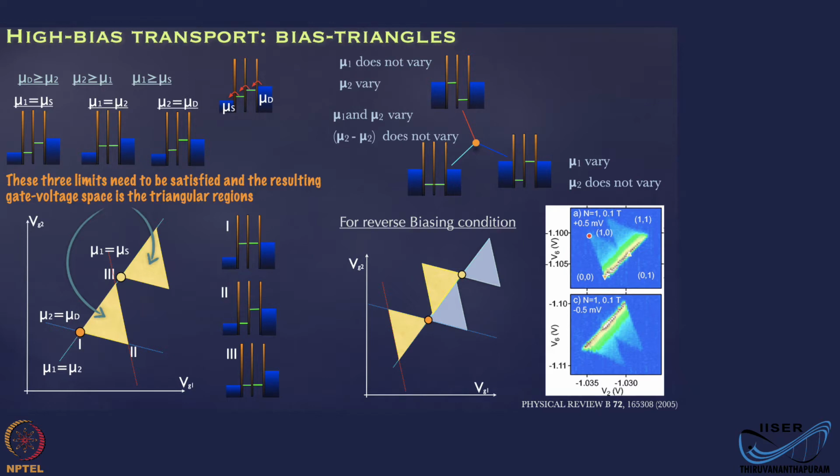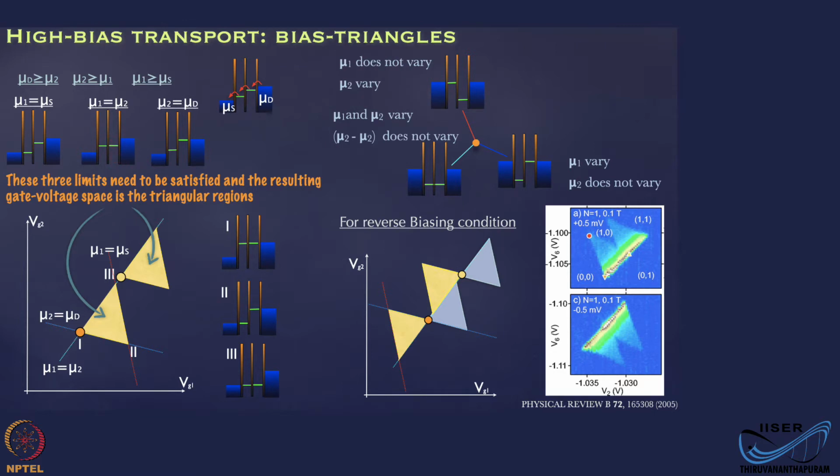So now we have two conditions: the area above this line and the area left of this line. Now the third condition is mu1 equal to mu2. The moment mu1 is greater than mu2, the transport is going to get blocked again, because dot 2 will be blockaded and no transport will happen.